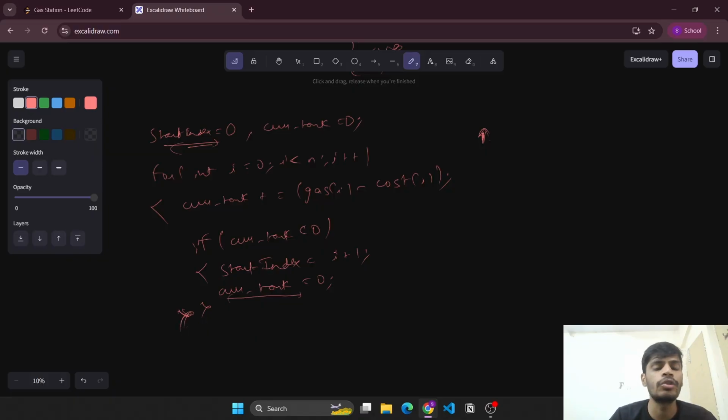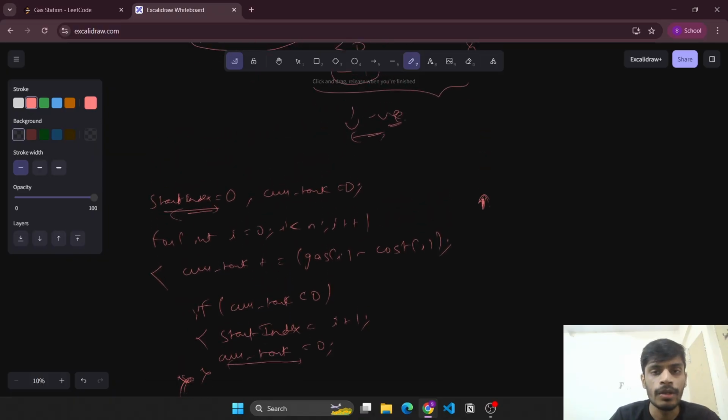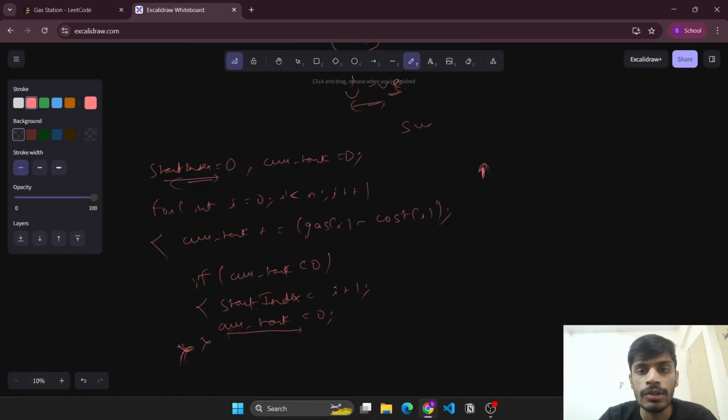And in the end we also need to check whether the overall sum of gas minus sum of cost is negative or not. If it is negative, then even if the start index is updated, it will not be possible, right?